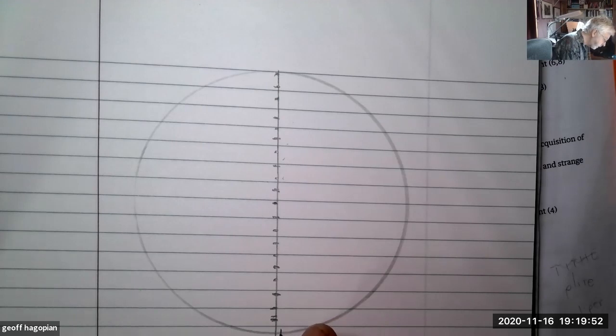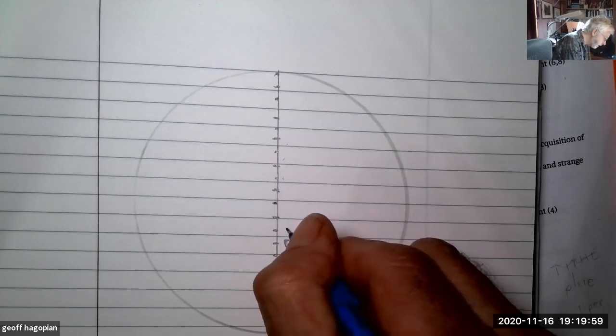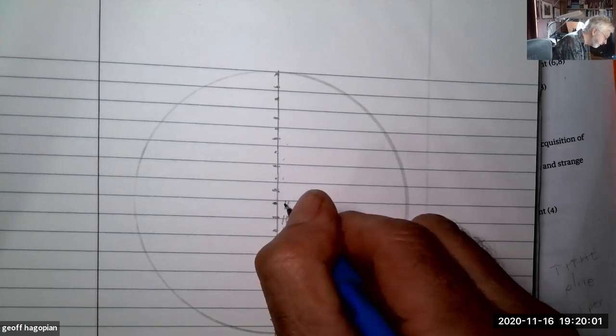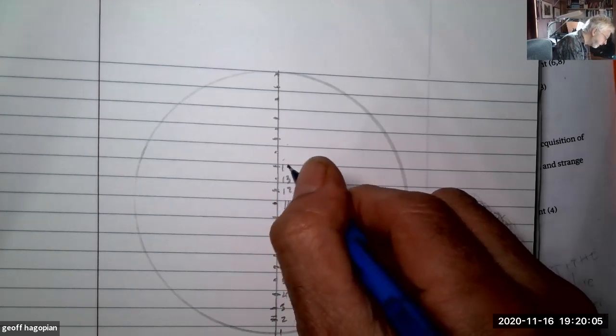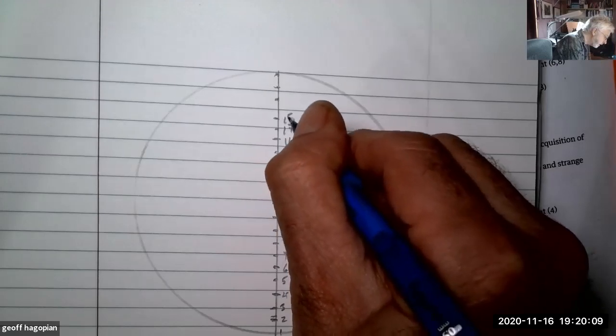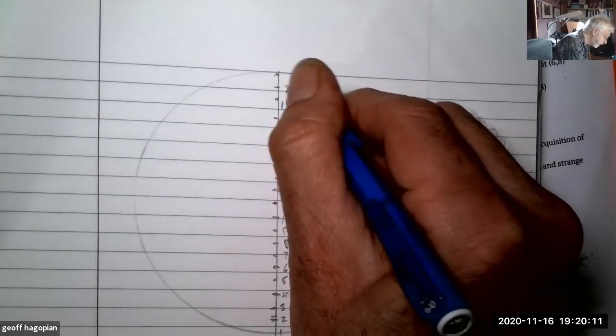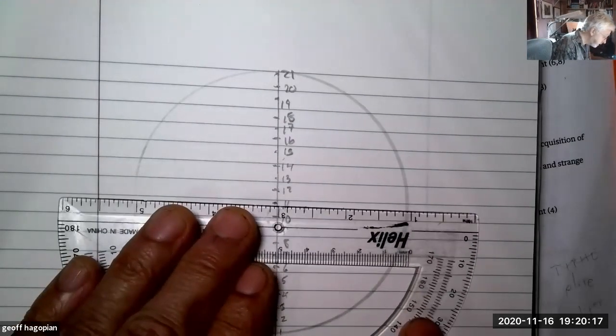So this is 1, 2, 3, 4, 5, 6, 7, 8, 9, 10, 11, which should be the center, right? 12, 13, 15, 16, 17, 18, 19, 20, 21 meters to get to the top. Phew, that was a bit of an ordeal. Okay, so this is the center point. Okay, and this is the ground. All right.